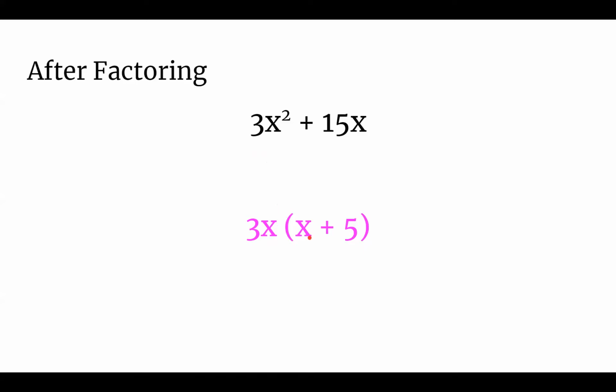So I have only an x left behind in the bracket for the first term. While if I divide a 15 by a 3, I'll have a 5. And if I divide the x by the x itself, I will have no variable left. This is how I got my two factors again, which are 3 times x and x plus 5.